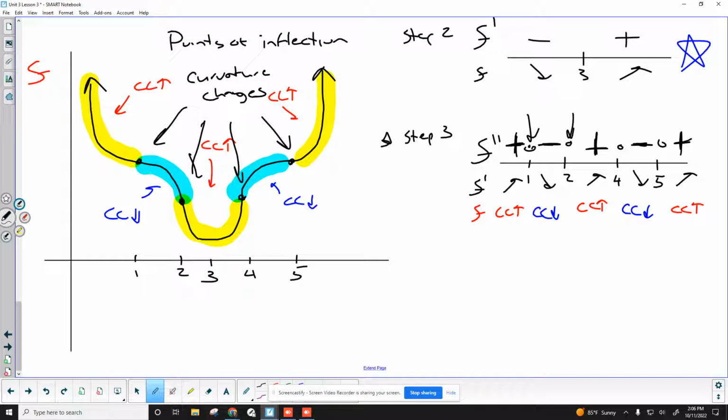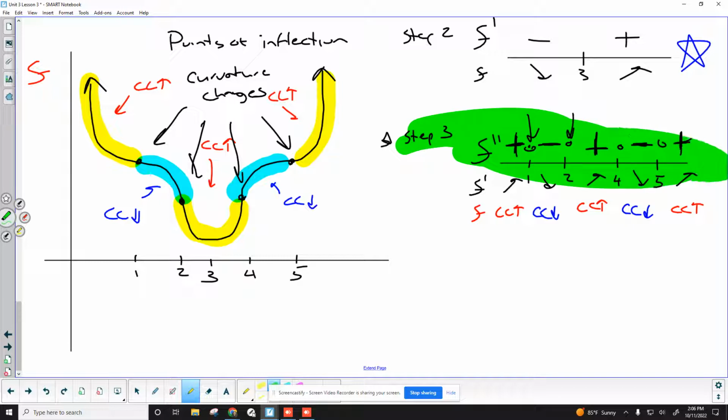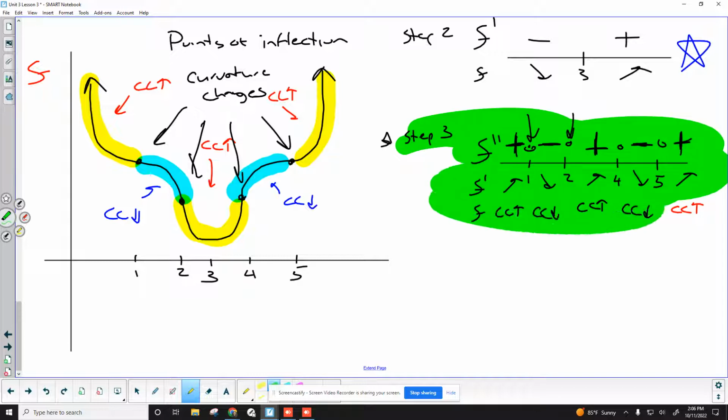So today, all we're going to focus on is the creation of this step 3. When we create step 3, we understand the curvature of our original function f. We can answer questions about when we're curving upward, when we have points of inflection.